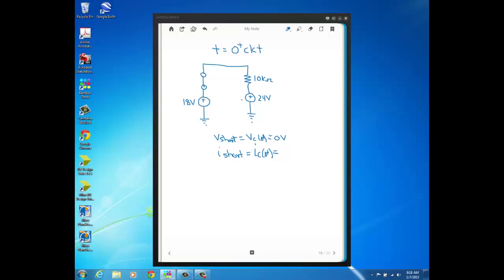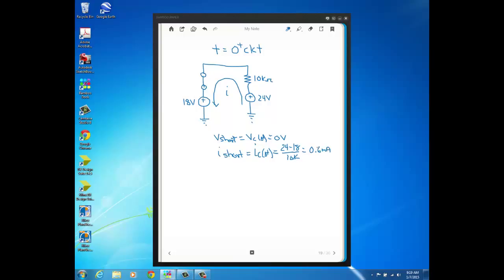So you can see here, current's going to flow in this direction from the plus 24 volts to the 18 volts. And in that single path, there's just this one 10K ohm resistor. So the difference in voltage across that 10K is just the difference of the two sources. So we're going to have 24 minus 18 divided by 10K, which gives us a current of 0.6 milliamps.